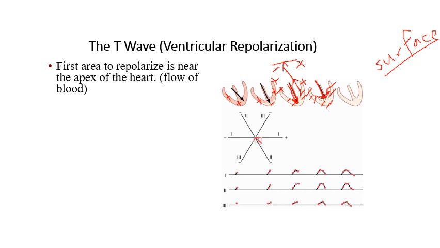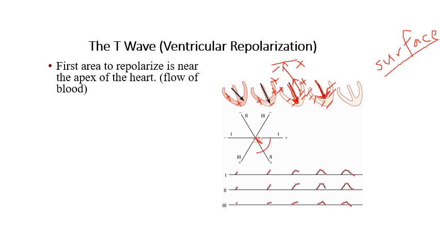Okay, and as you can see here, the vector is here. Then we draw a perpendicular line to the first lead, and then the second lead, and then the third lead. All of the deflections are going to be positive. Why?